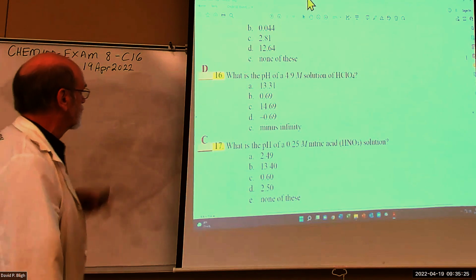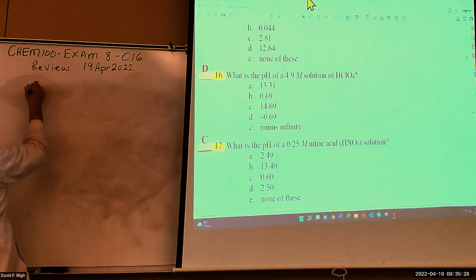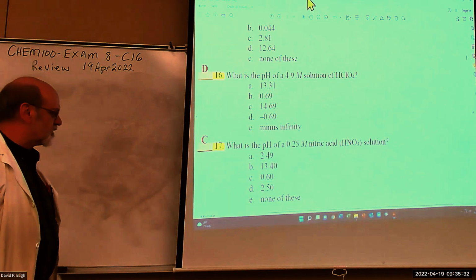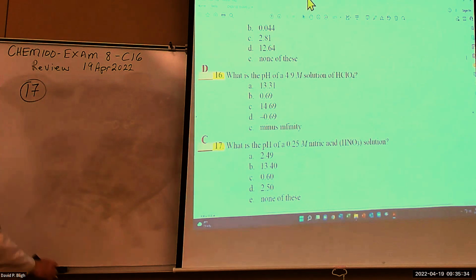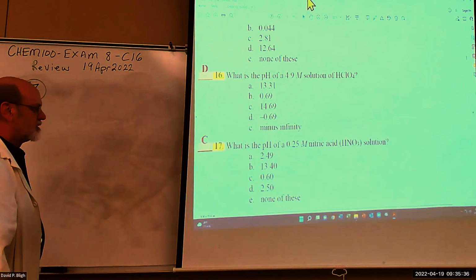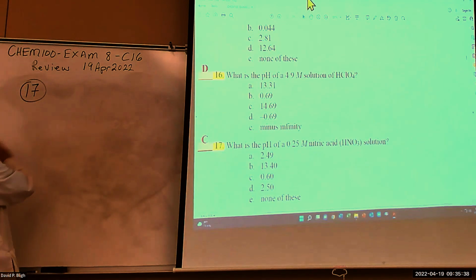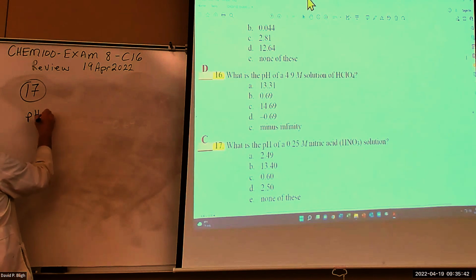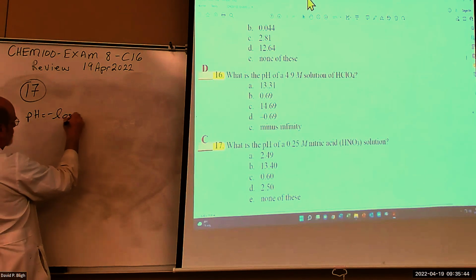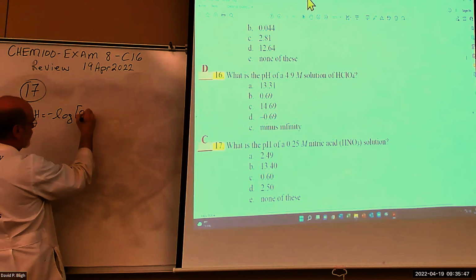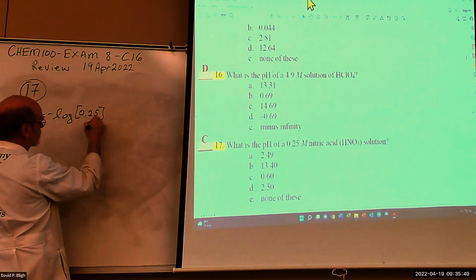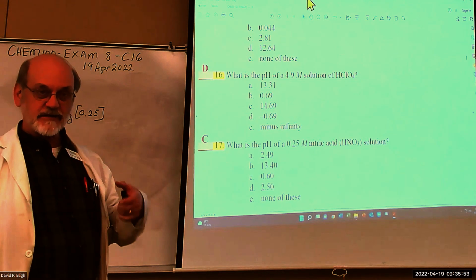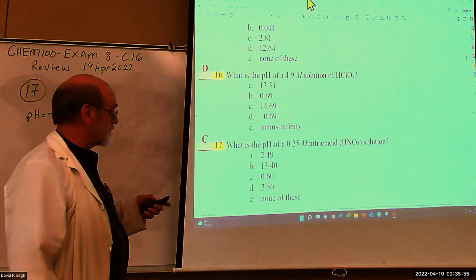There we go. 17. What's the pH of 0.25 molar nitric acid? We're kind of getting into some repetition here. Negative log of 0.25 molar. Why can we do that? Because nitric acid is a strong acid. It completely dissociates.